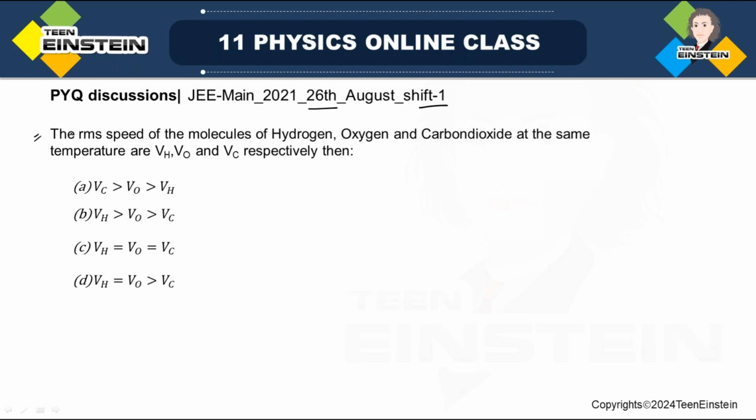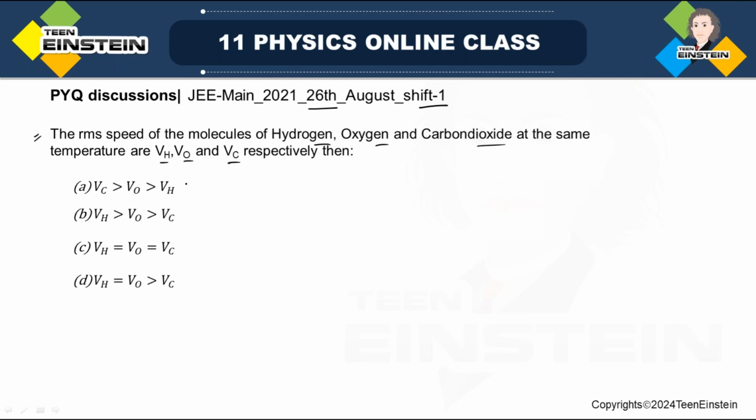So this is the first problem. You can see this problem is from KTG, kinetic theory of gas. The question says the RMS speed of the molecules of hydrogen, oxygen, carbon dioxide at the same temperature are VH, VO and VC respectively.